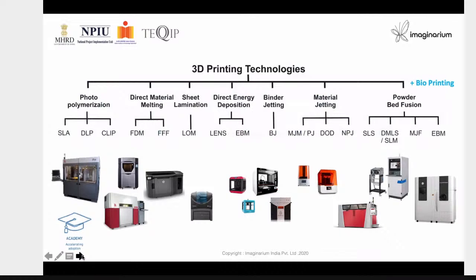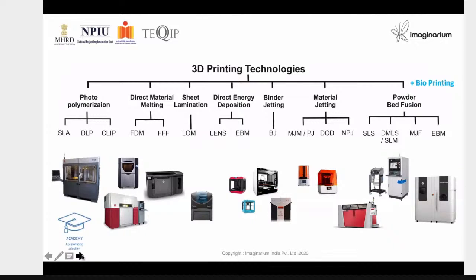And now let us classify. We have touched upon all types of different technologies now, which are basically photopolymerization, which uses some kind of liquid, and then you have direct material melting, FDM, or freeform fabrication. LOM uses sheets or laminates. Directed energy deposition, you have the LENS and EBM. Binder jetting uses binder. Metal jetting uses different types of paste-like material.